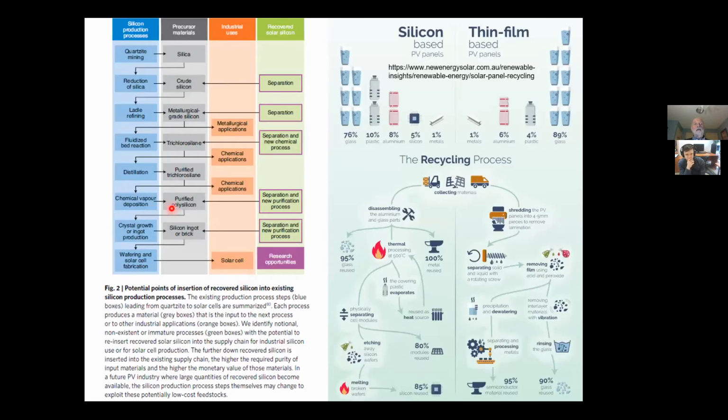And here is a list of some of the processes that are involved in the manufacturing of PV cells, again, showing you the complexity of it. Here on the right-hand top side is a list of the various components, and they differ significantly depending on whether it's a thin film module or a conventional module. But glass is obviously important, and fortunately that is, along with the aluminum, the most easily recyclable part of the module.